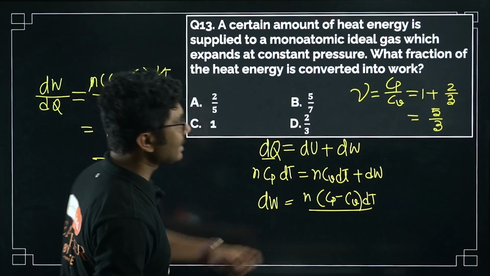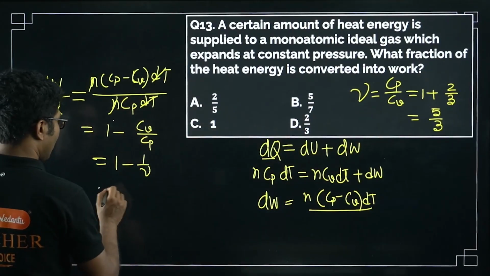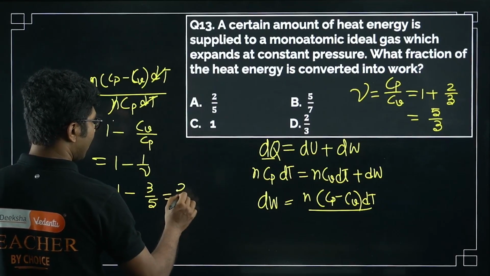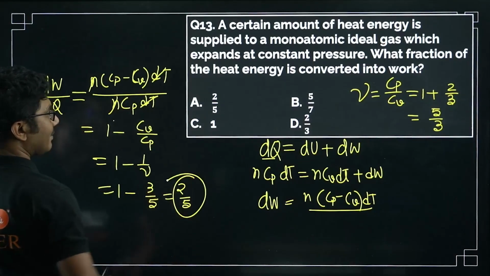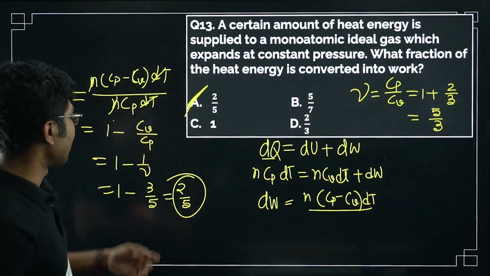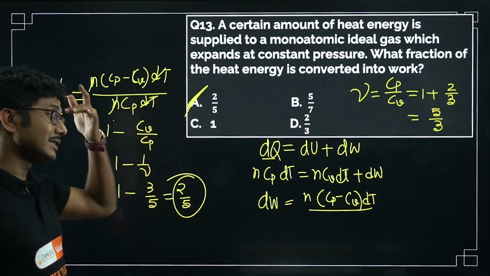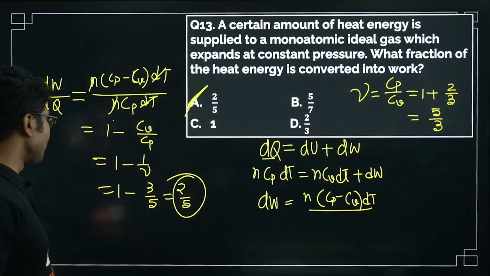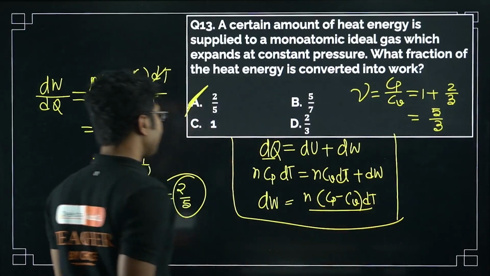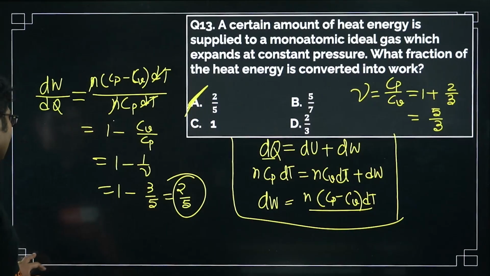So 1 minus 3 by 5, that is 2 by 5. So 2 by 5 of the supplied energy is converted into work. So the answer will be 2 by 5. A little tricky and a little lengthy question. If you know the answer, you can answer it. Other than that, a little tricky question.